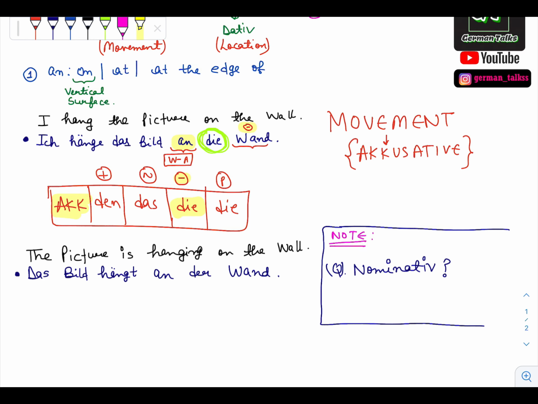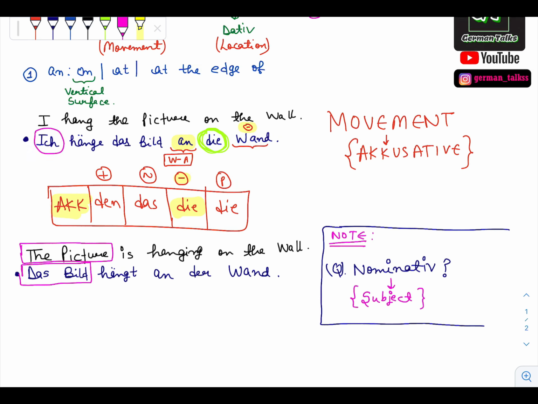Whenever someone asks you about the nominative, the first thing that should come to your mind is the subject, the one who is doing the thing. What is the subject here? Das Bild. The picture is hanging on the wall. Who are we talking about? The picture. That's why here das. Das Bild. That's why it is in nominative case.